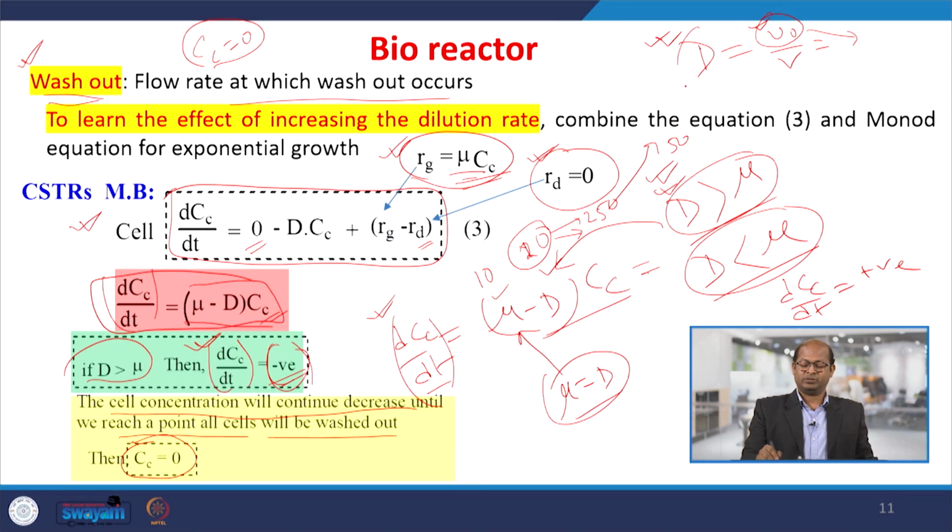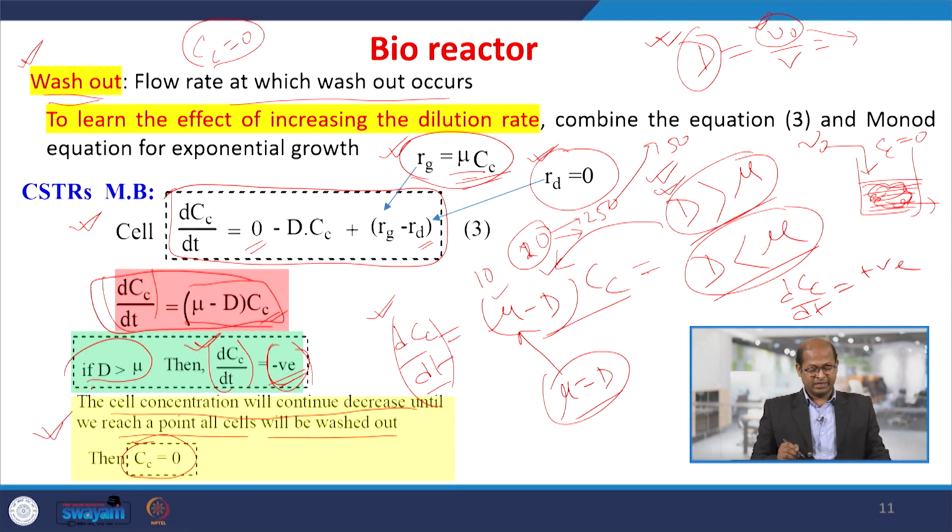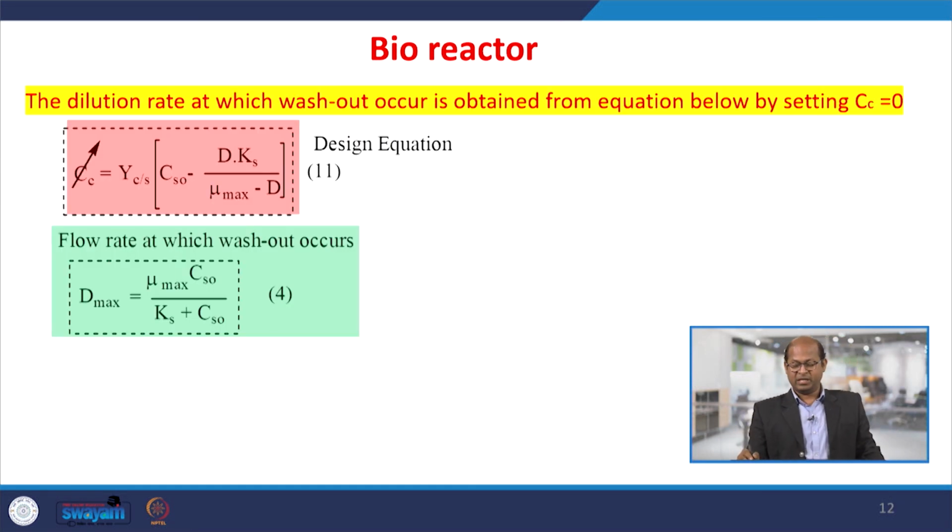When D keeps increasing, at a certain point almost all the cells inside the reactor will leave the reactor. Then there would be no living cells left inside the reactor, and Cc would be 0. This condition happens sometimes, depending upon D.